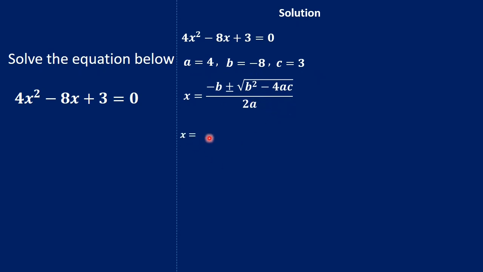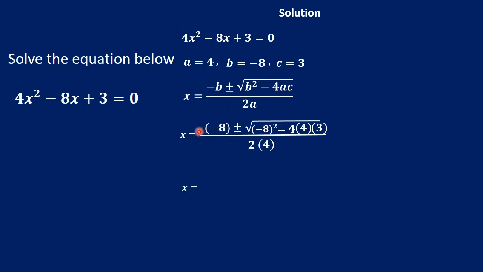So x is equal to negative b. The b is already negative. So this negative is in the formula, and the b is also negative. Plus or minus square root of b squared, which is negative 8 squared, minus 4 times a, which is 4, times c, 3, all over 2 times a, so 2 times 4.